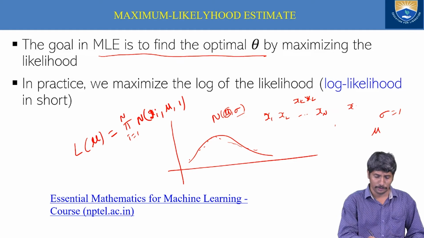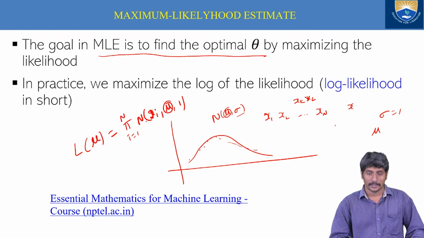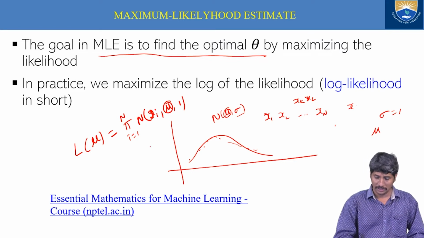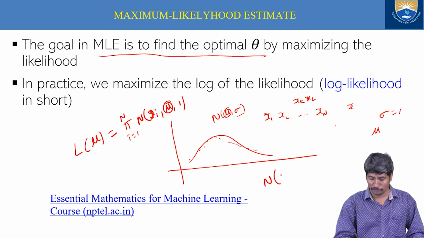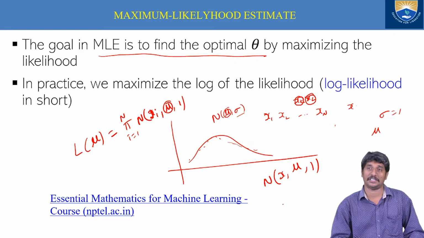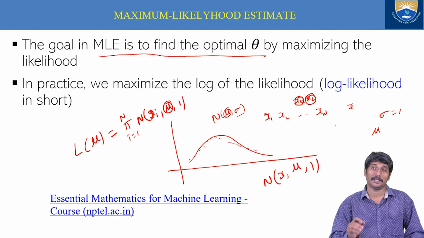That means we will try to find the maximum possible value of mu, and with the help of that mu, we will fix the function N of x comma mu comma 1, and with that we will find xk and xl. With this function we will find xk and xl. This is called maximum likelihood estimation.